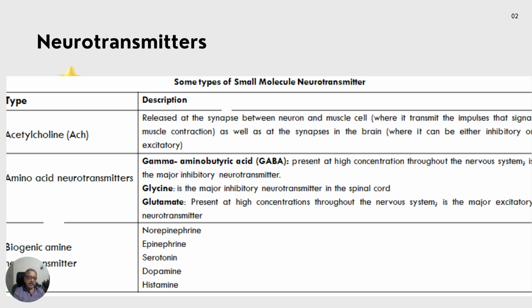Glycine is also another major inhibitory neurotransmitter, and it is present in the spinal cord. Glutamate is an excitatory neurotransmitter, found throughout the nervous system. Apart from that, there are many neurotransmitters known as biogenic amines like norepinephrine, epinephrine, serotonin, dopamine, and histamine.